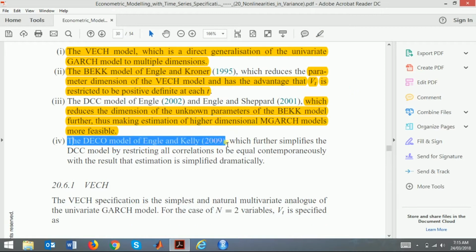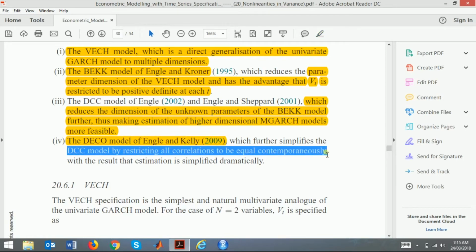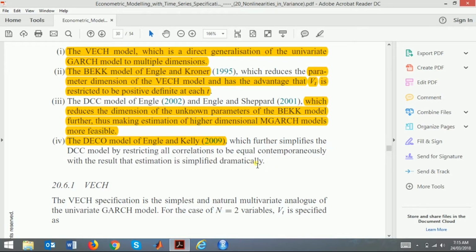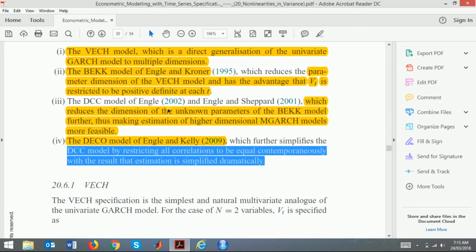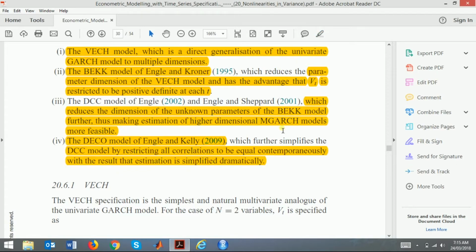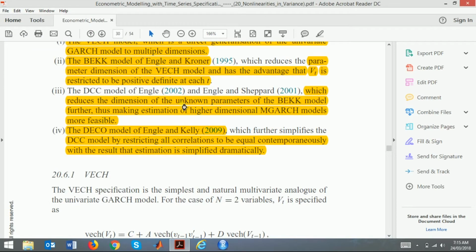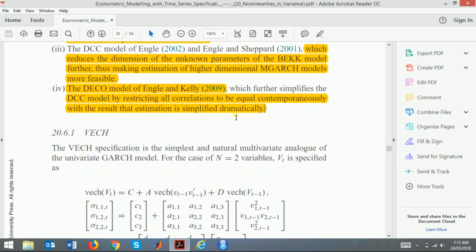The DECO model, the newest, which further simplifies the DCC model by restricting all correlations to be equal contemporaneously, with the result that estimation is dramatically simplified. Beautiful things, right? So all correlations are equal. I am not sure what that means, but we'll get to that, I hope.